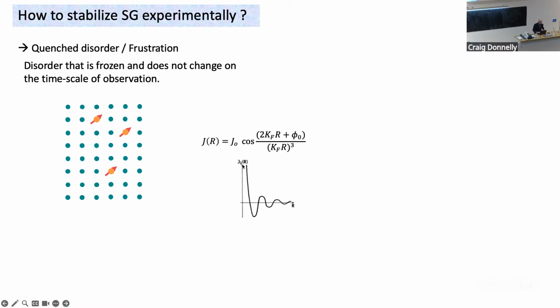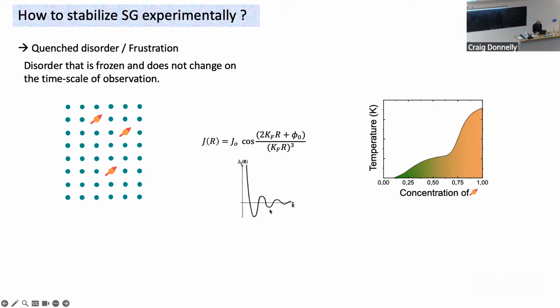So the copper will be spin polarized with a spin density wave, which will allow a second spin to interact either ferromagnetically or antiferromagnetically, depending upon the distance. This is the idea. So we have this concept: if we change the concentration of these moments, with high concentration you have a ferromagnet, limited concentration can be paramagnetic, but for intermediate, you could imagine a spin glass. That's the idea. Competition between these different interactions.